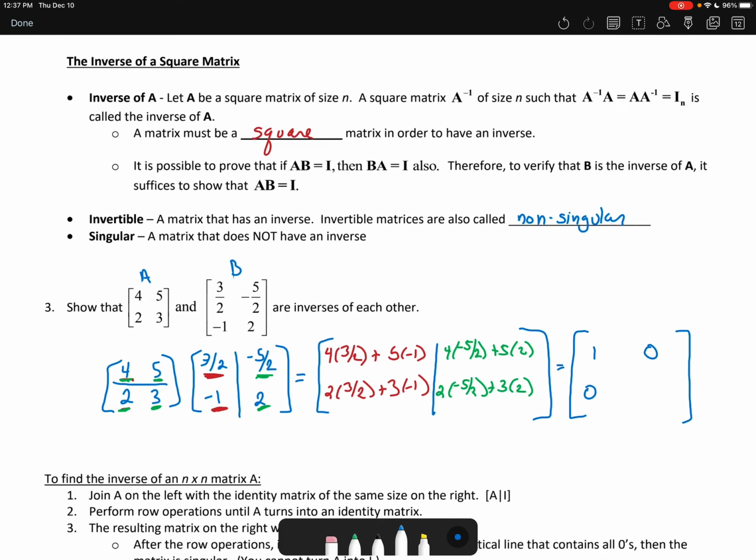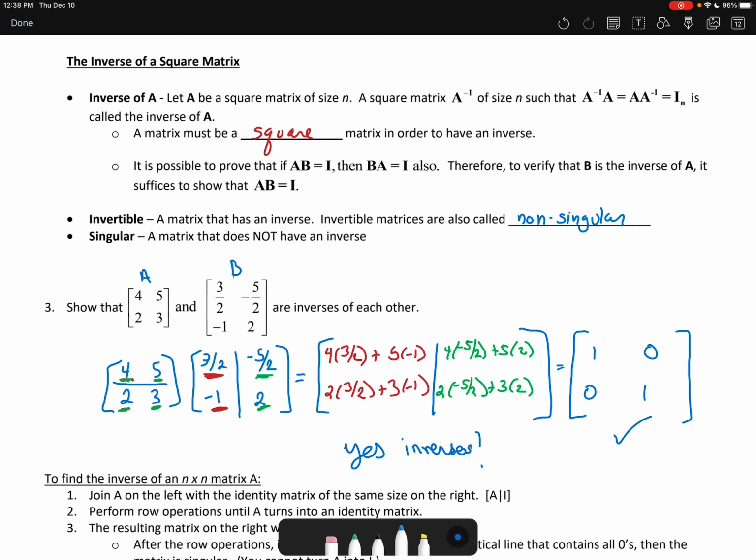And 2 times negative 5 halves is just negative 5, plus 3 times 2 is 6, so negative 5 plus 6 is 1. This is enough to verify that those are indeed inverses of each other.